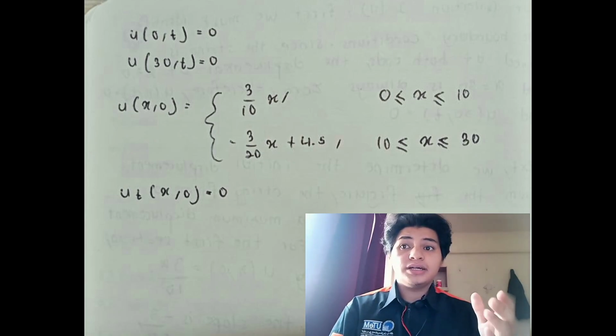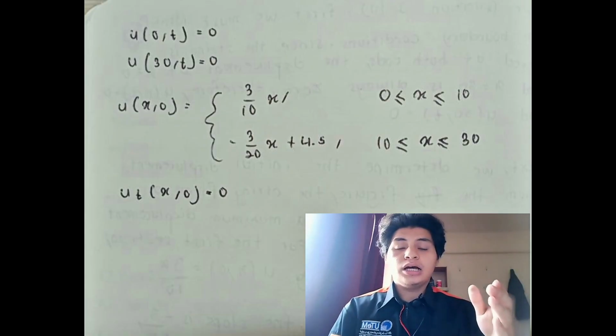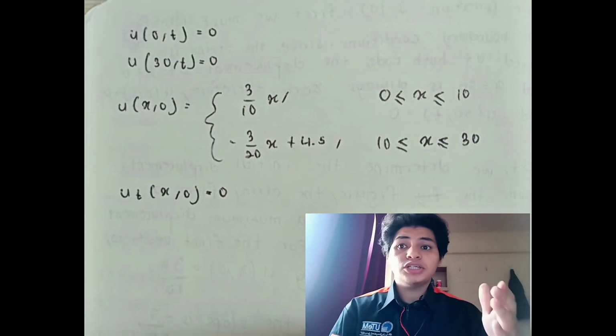After finding the gradient, minus 3 over 20, I substitute the point (10, 3) into the equation y equals mx plus c. Solving for c gives 4.5, so the second equation becomes u(x,0) equals minus 3 over 20 x plus 4.5.